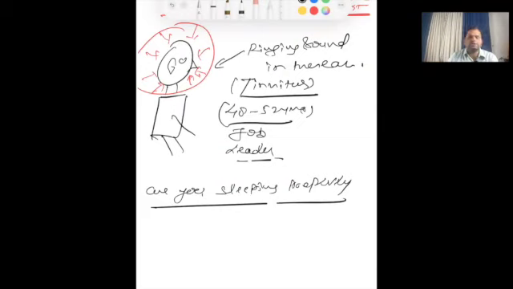Even when I try to sleep, I don't get sleep early because continuously my thoughts about my job, my company, and what I have to do the next day are going on in my mind. So I take too much time to fall asleep, and my sleep is disturbed. I'm not having good sleep.